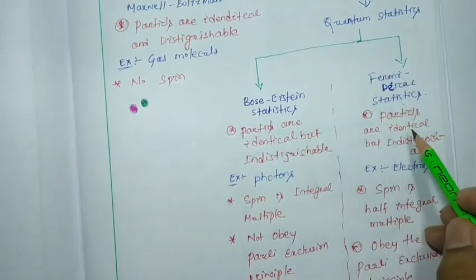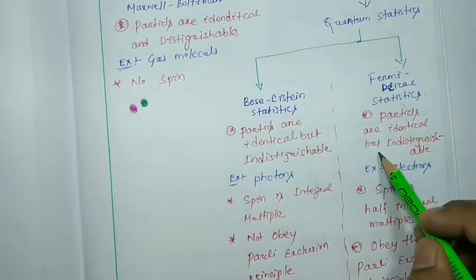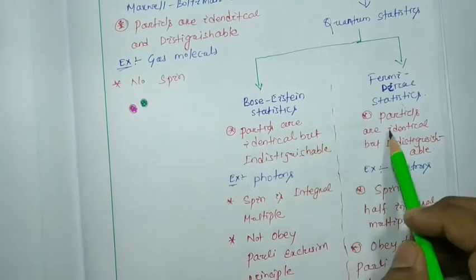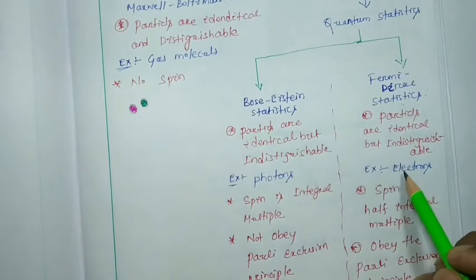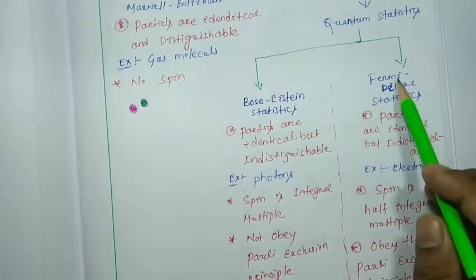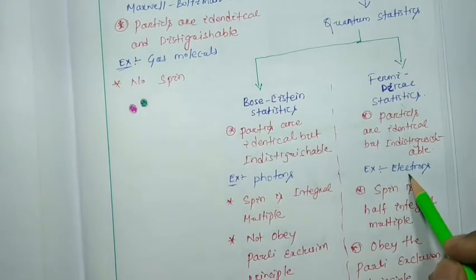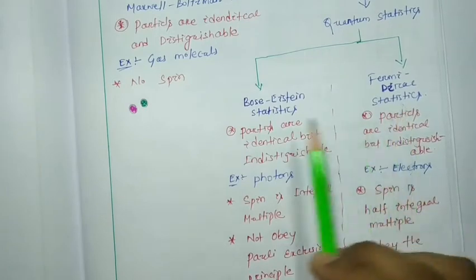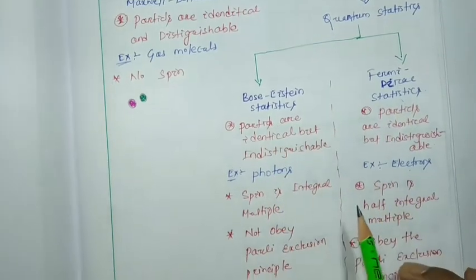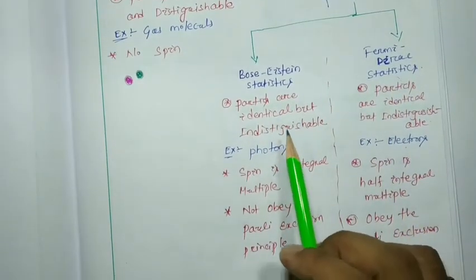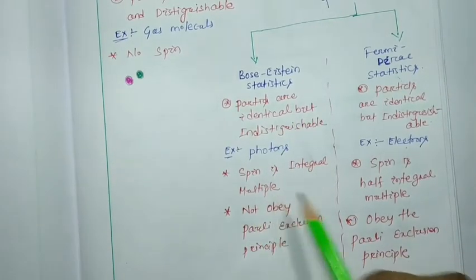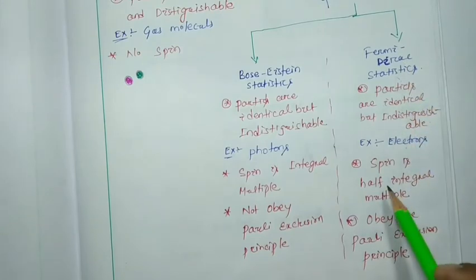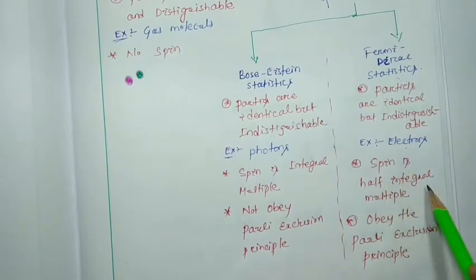In Fermi-Dirac statistics, particles are also identical but indistinguishable. The example for Fermi-Dirac statistics is the electron. The basic difference is that for Bose-Einstein statistics the particle spin is an integral multiple, but in Fermi-Dirac the spin has to be a half-integral multiple.